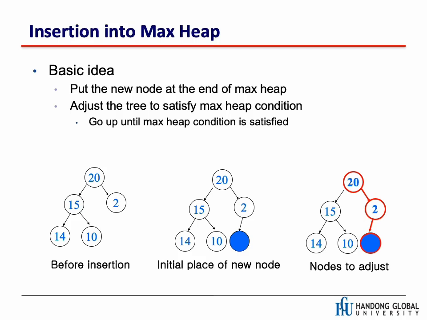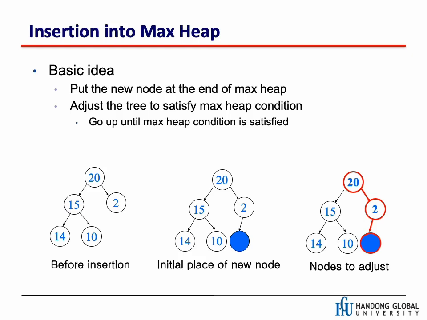Let's take a look at this example first. We have one max heap before insertions. The leftmost figure is that. Now we want to insert a new node. First, add the node at the end of the max heap.